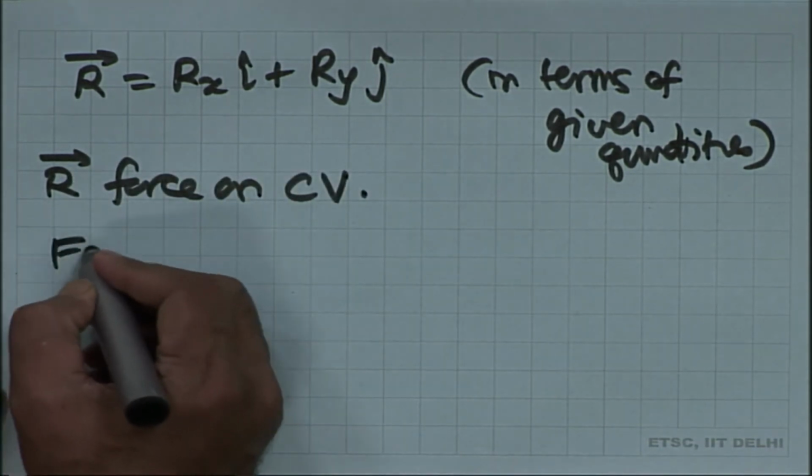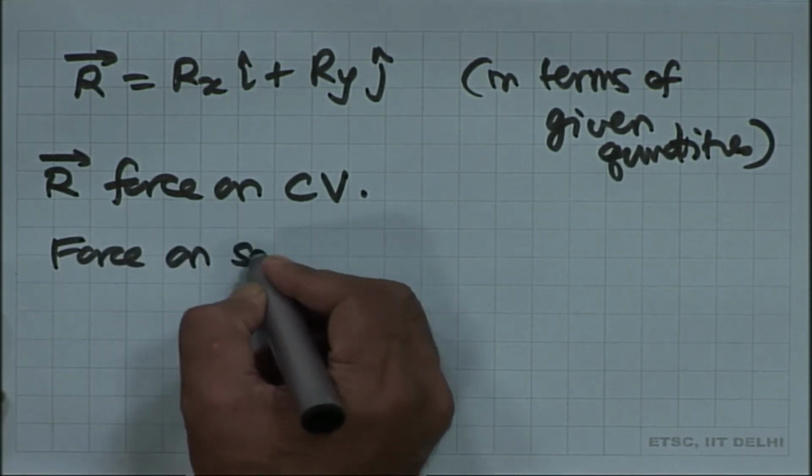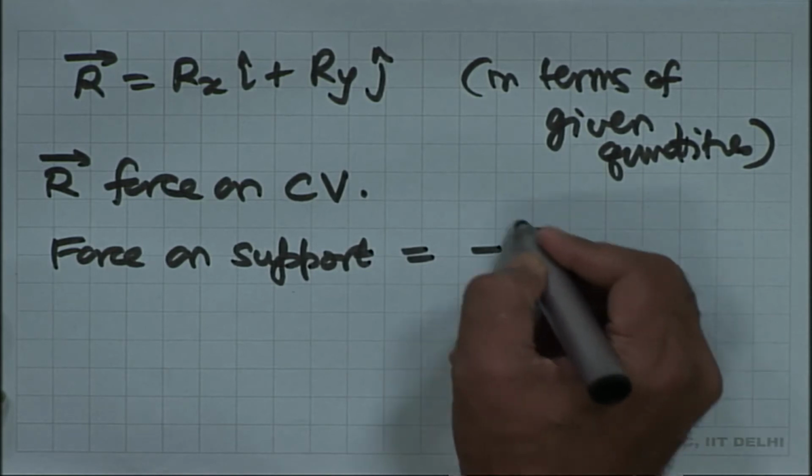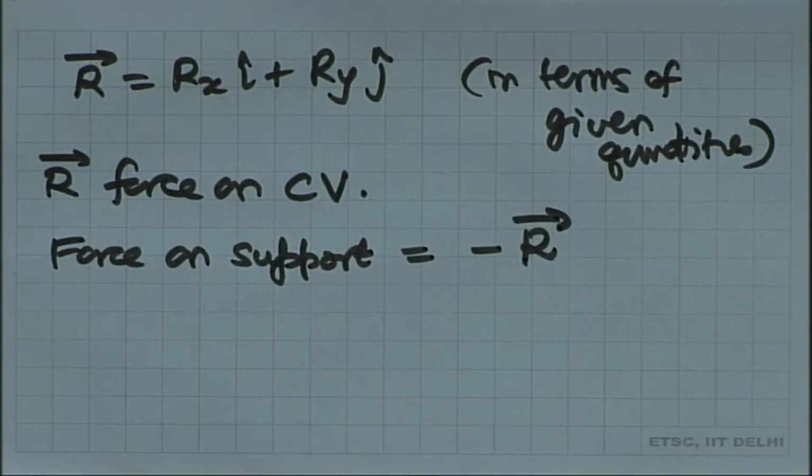So, the force on the support will be equal to minus R. The problem asked us for force on the support, so that would be equal to minus of R.